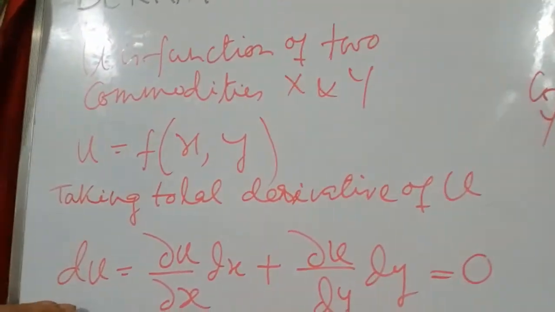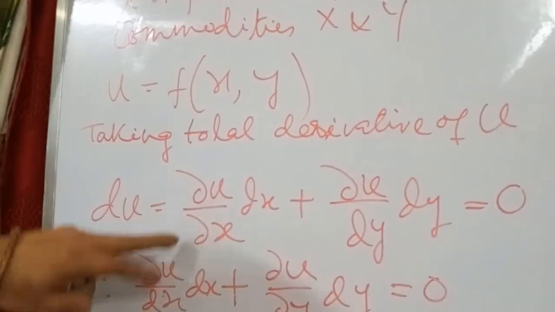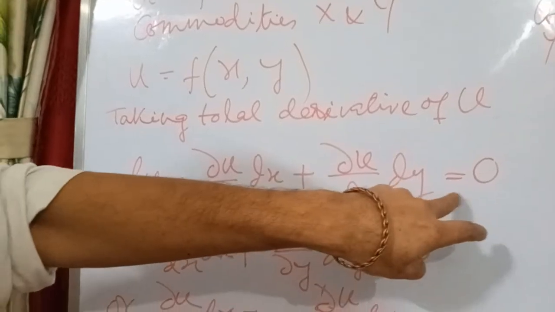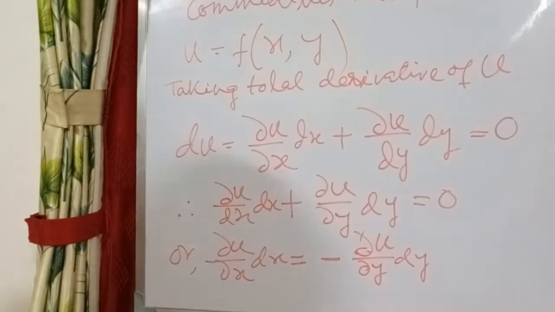Total derivative of U, dU, is equal to del U del x dx plus del U del y dy. That should be equal to 0 because there is no change in satisfaction or utility.